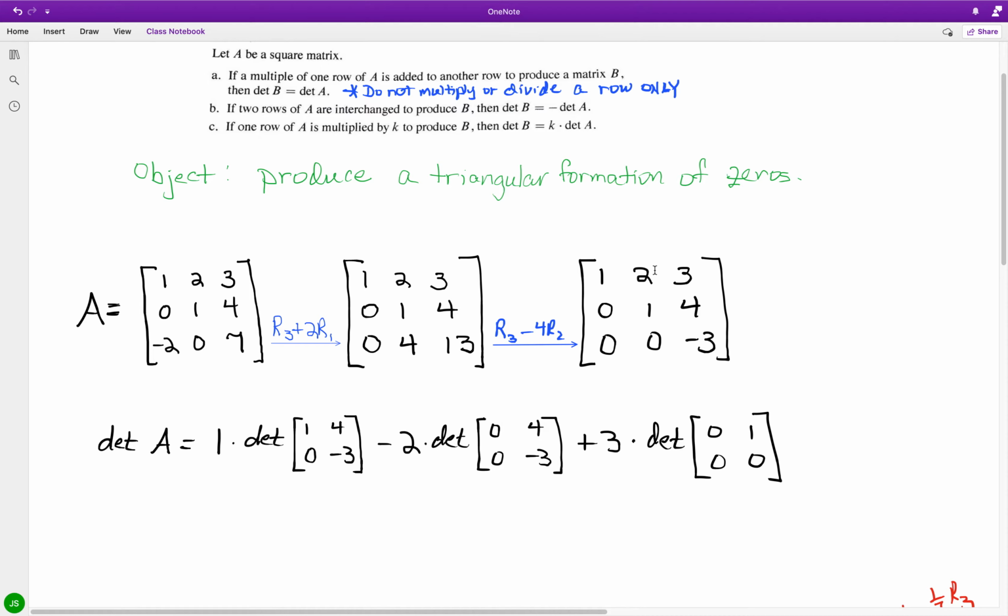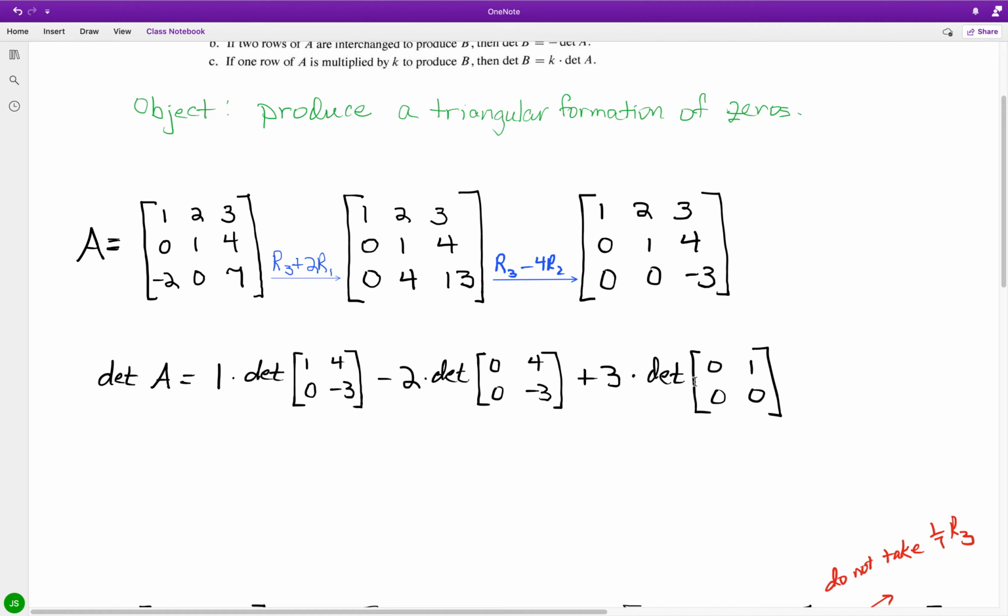Again, I have minus 2 times the determinant; once I cover up the top row and the middle column values, I have exposed the determinant of 0, 4, 0, negative 3. And we have plus 3 times the determinant; covering up 3, I have exposed 0, 1, 0, and 0.